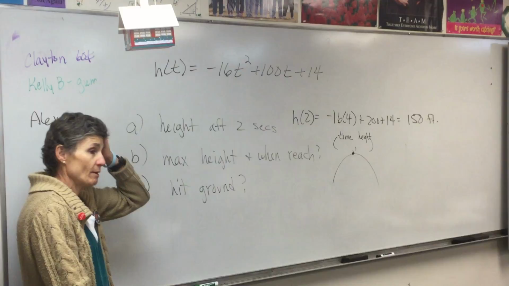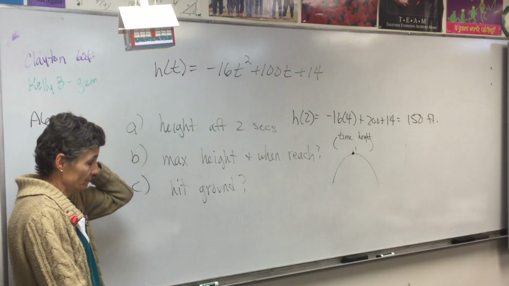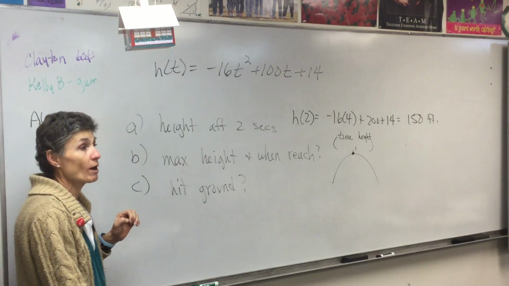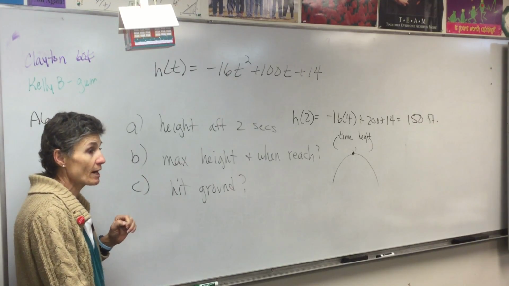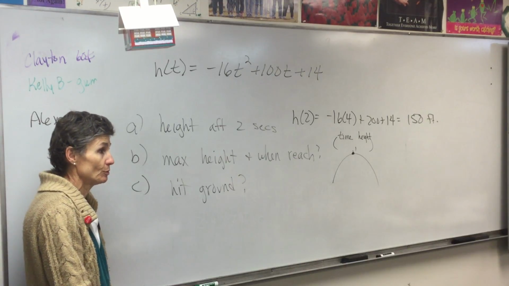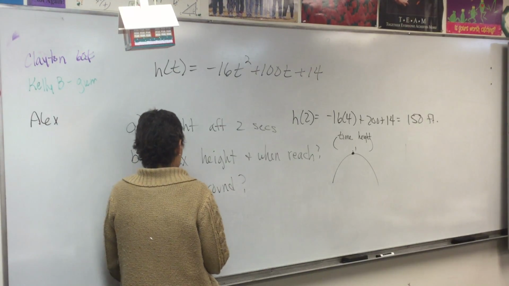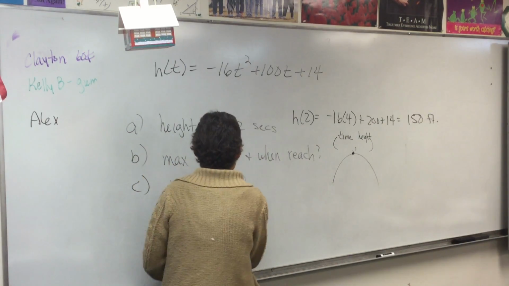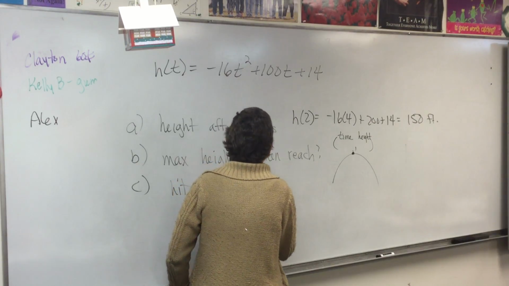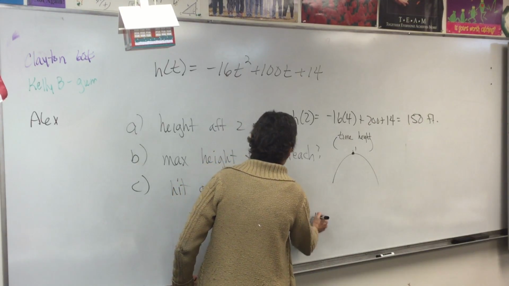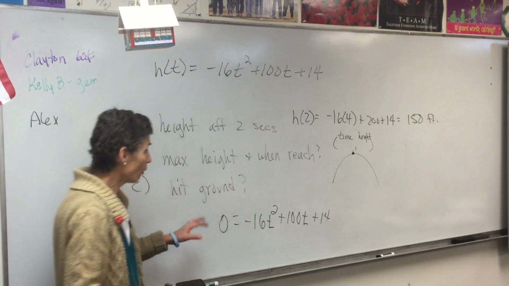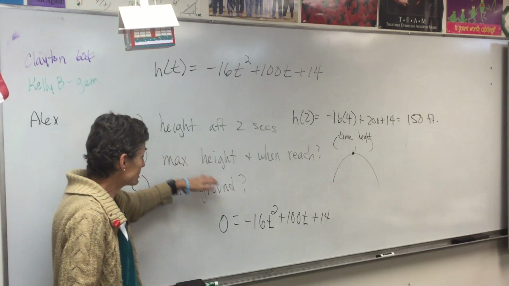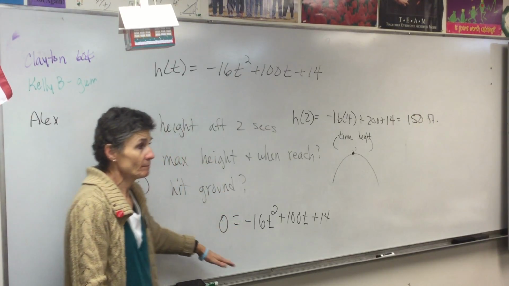All right, when does it hit the ground? How do I do that one? I want the zeros of the equation. If it's on the ground, then the equation is set equal to 0. So I'm going to solve this equation. Now, if I already have the equation graphed from problem B, could I use that graph to answer this one?